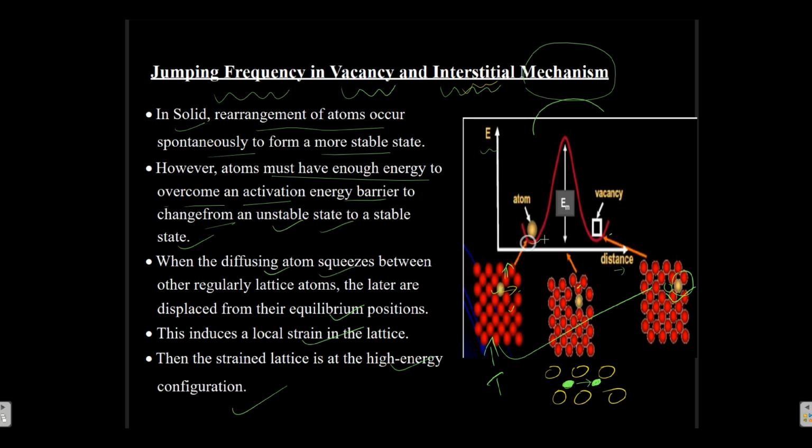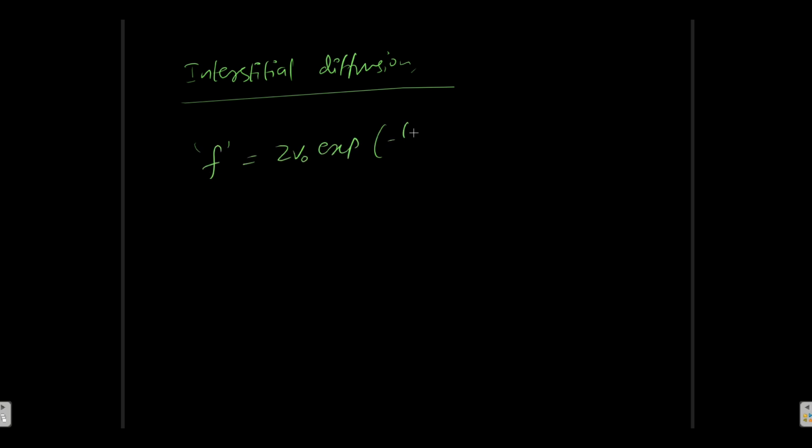No, not at all. So if we talk about the interstitial mechanism, the energy profile diagram would look like this. This value would be EM. You just have to draw a new figure like this, okay? So its mathematical form for interstitial diffusion: the jumping frequency, which is denoted by F, will be equal to Z V naught exponential minus EM by KBT.